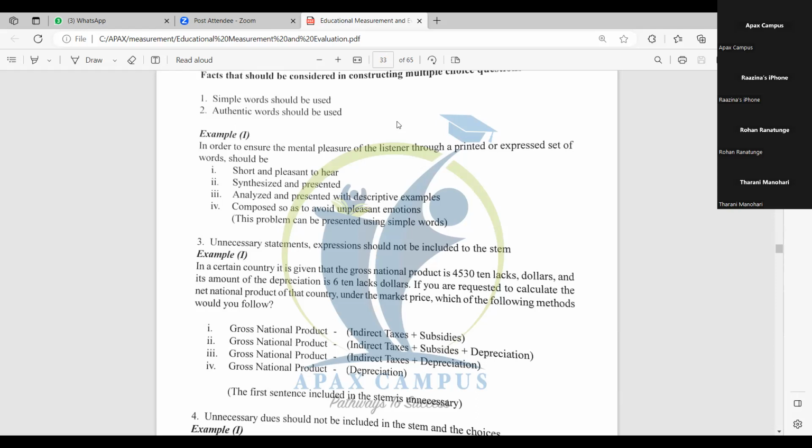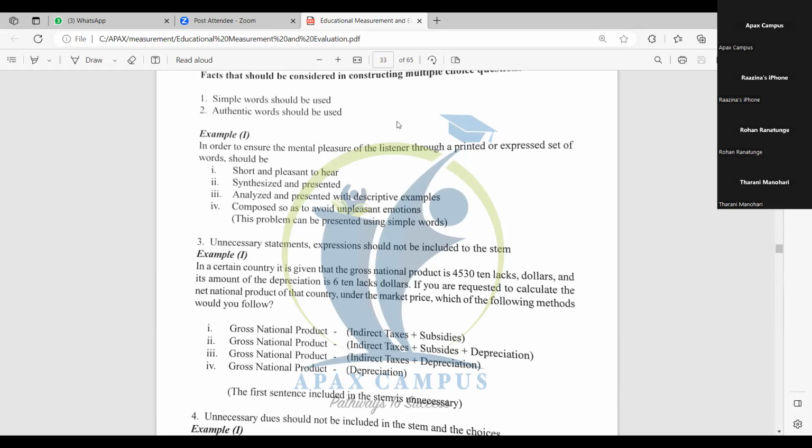If you are requested to calculate the net national product of that country under the market price, which of the following methods would you follow? Right. So we know that in order to calculate the net national product, you don't need the first information here.